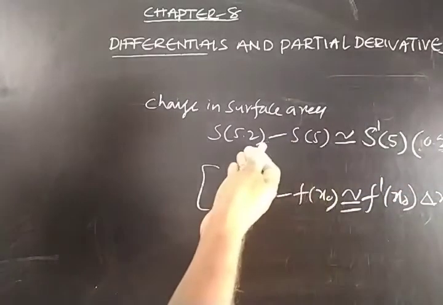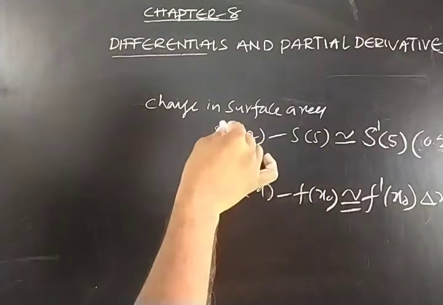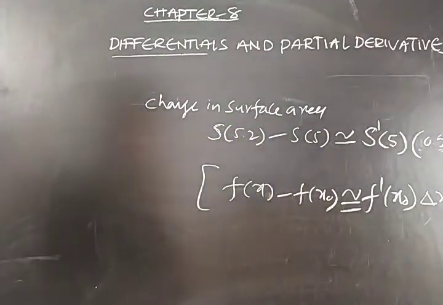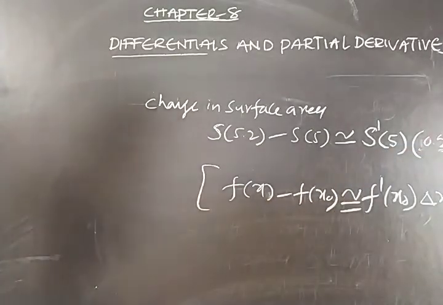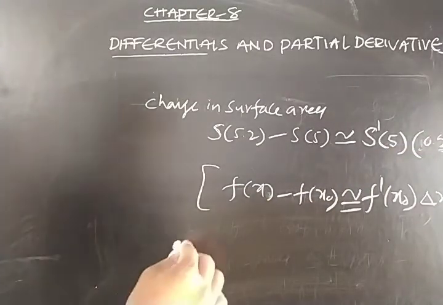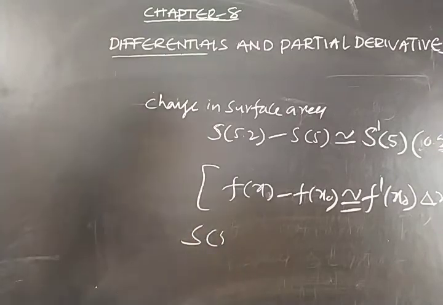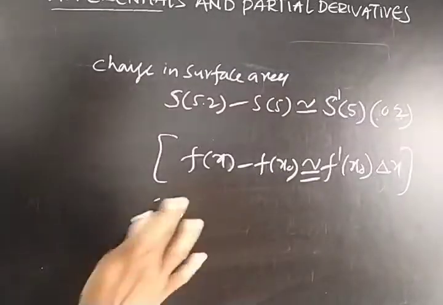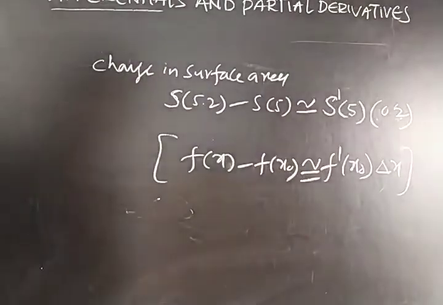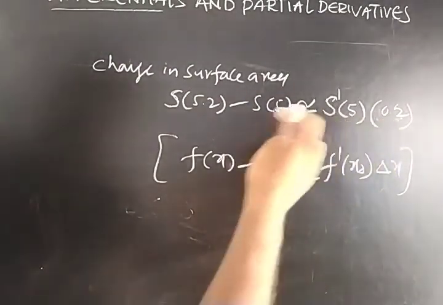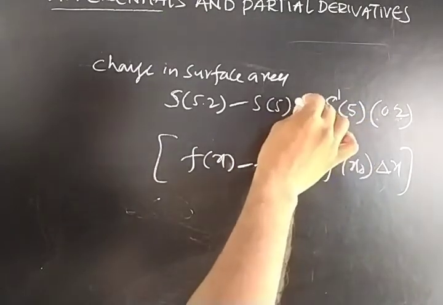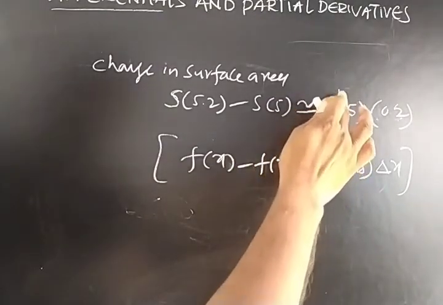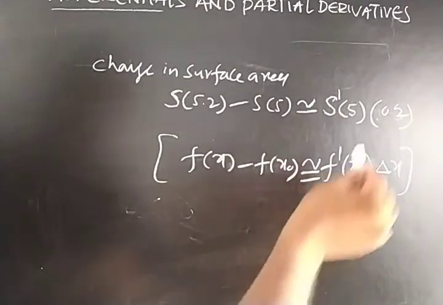Using this formula, the change in surface area, S of 5.2 minus S of 5, is approximately equal to S dash of 5 into 0.2.